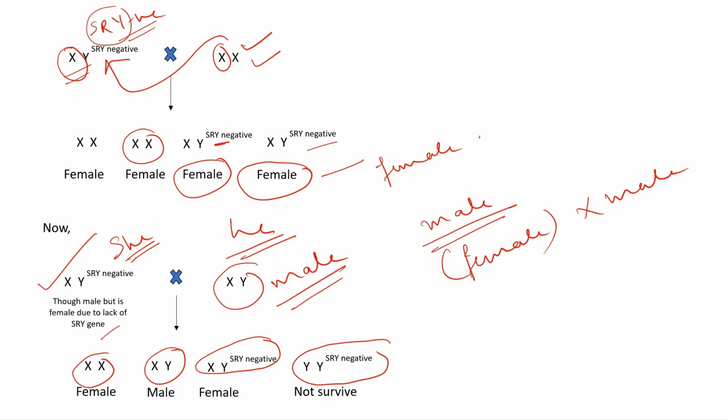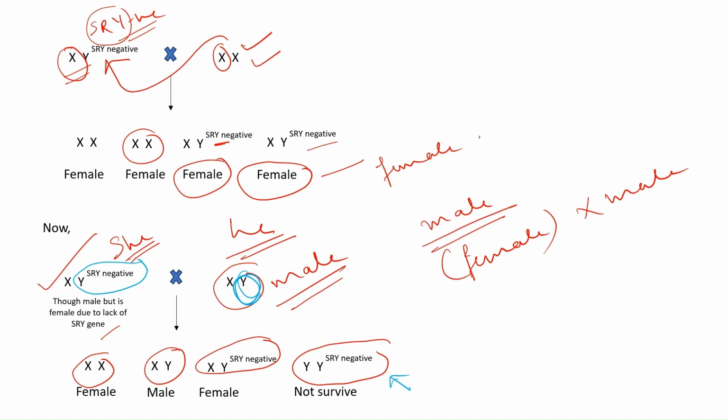Why? Because this Y gets combined with this Y, so it will be YY SRY negative. Now this child will not survive. So this will be the result of the cross if a male lacking the SRY gene is crossed with a male.